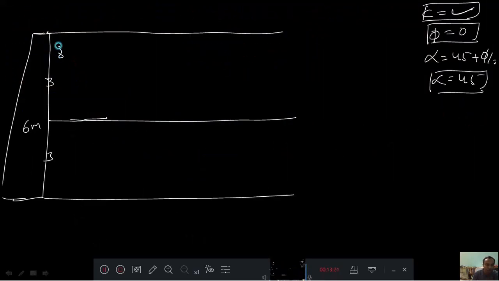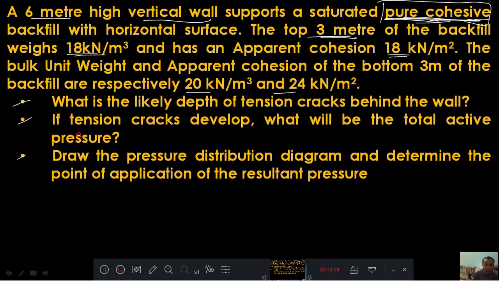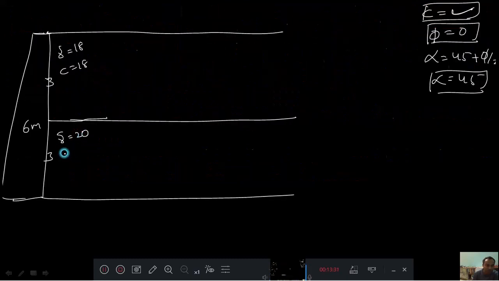Now go back. Here the top soil and bottom soil properties are given. Top soil: gamma equals 18 and C equals 18, you just write it down. And the bottom soil: gamma equals 20 and C equals 24, right? Now think that you have only one type of soil, only 3 meter.